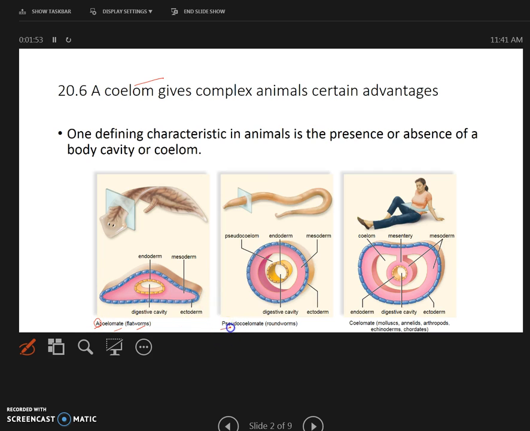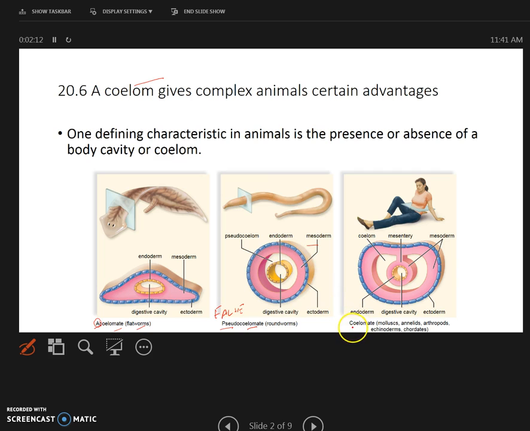Then we come to pseudocoelomate. Pseudo means false. So these are the roundworms. They have a pseudocoelom. Their body cavity is incompletely lined by the mesoderm. As you can see, mesoderm only lines the outer wall.